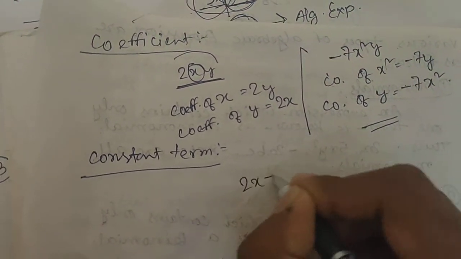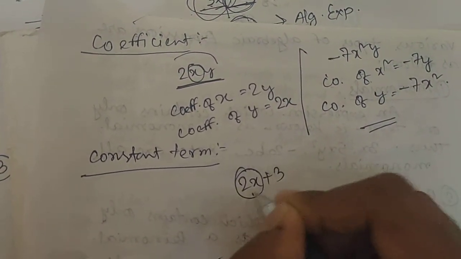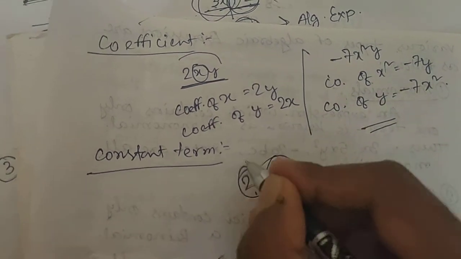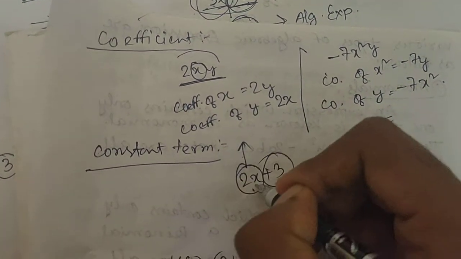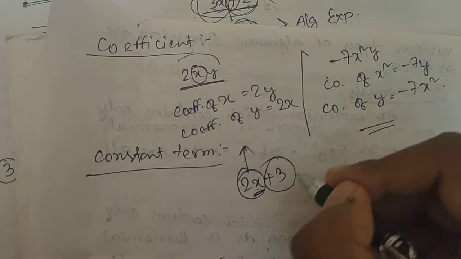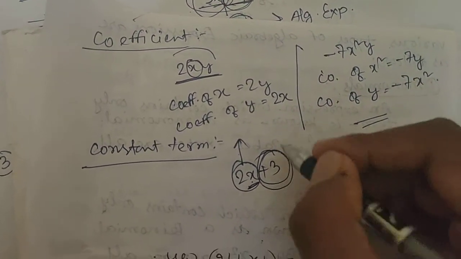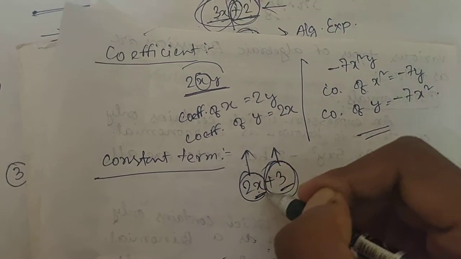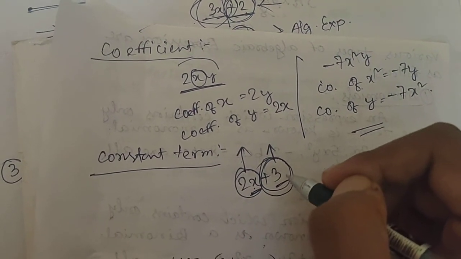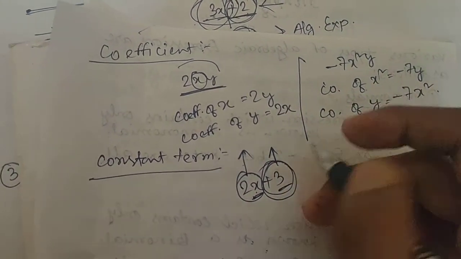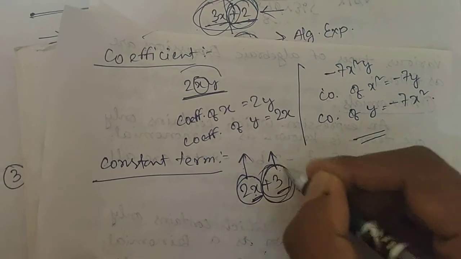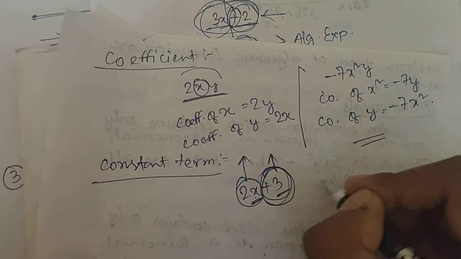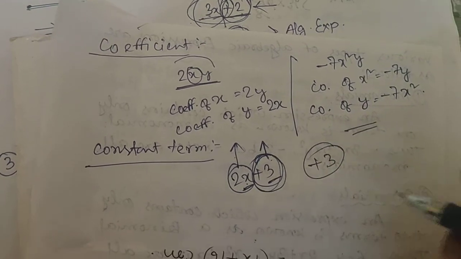Suppose 2x plus 3. Here there are two terms. In the first term there is x, which is a literal number, and in the second term there is only 3. There doesn't exist any kind of literal number. Literal number means the letters. That means this term is called constant term. So plus 3 is the constant term.